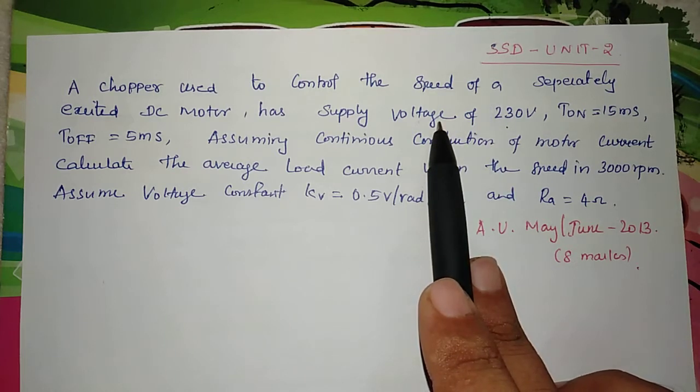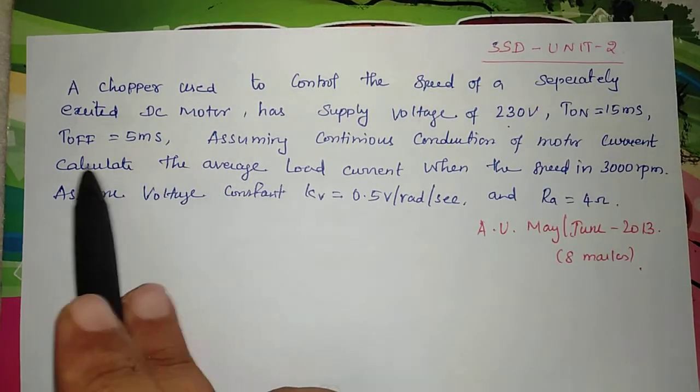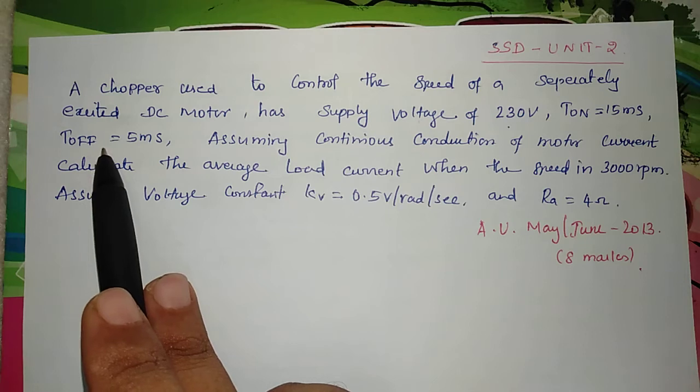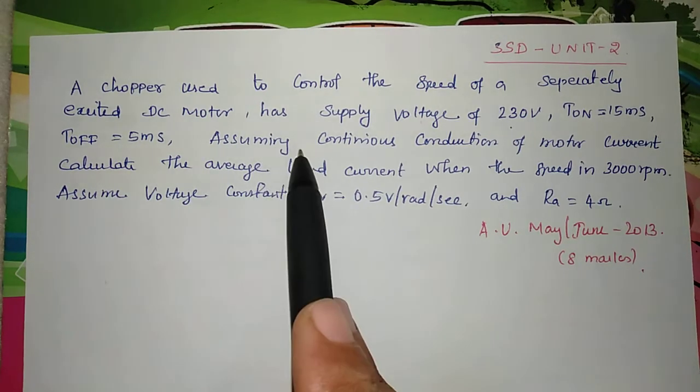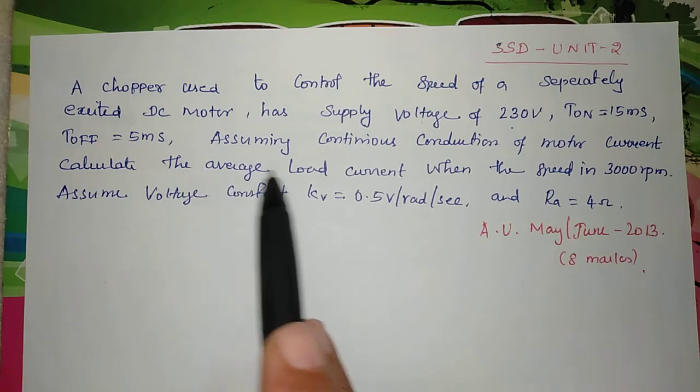After being switched on and off, we have a regulated voltage, called the armature voltage, available at the load side. Due to this on time and off time, that armature voltage is obtained, as we already know. Then here we have a constant, that is continuous current at the load side.